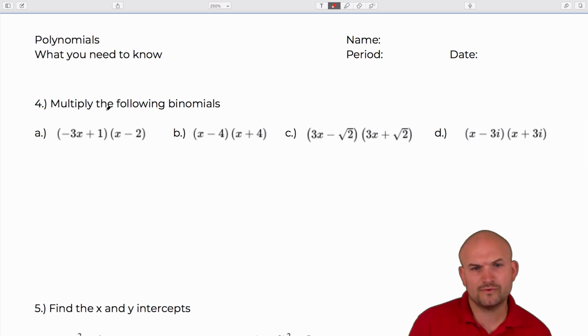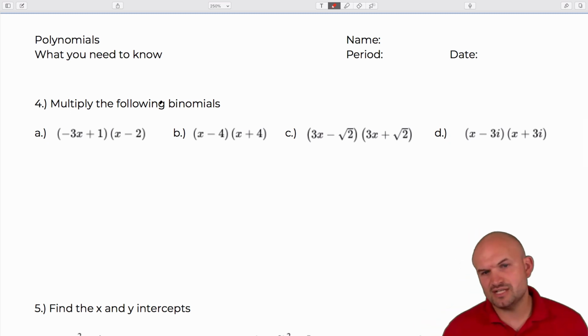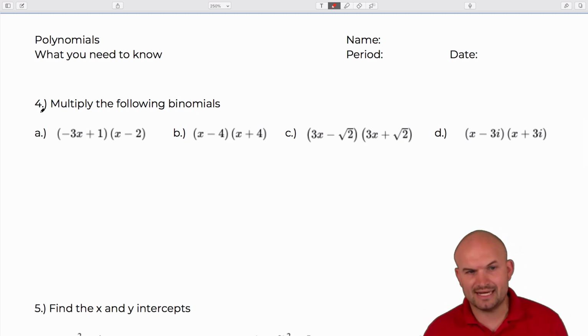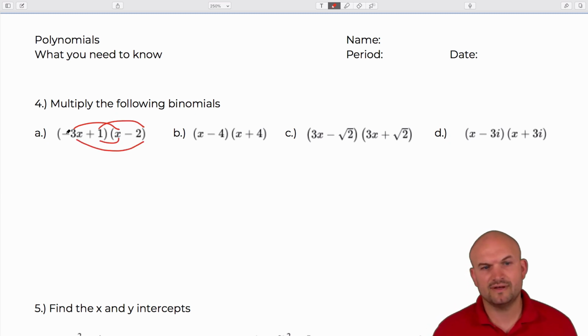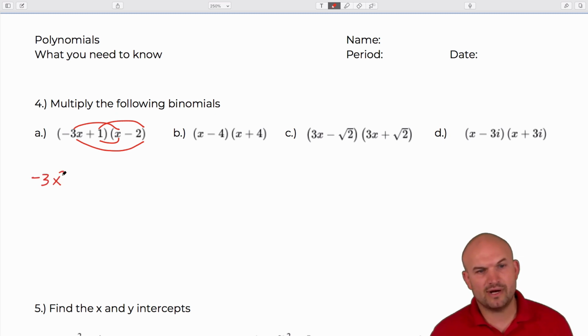So I'll work through those two, but there are also some things that we need to recognize here. In this case, you could think about just everything needs to be multiplied by itself. And so negative 3x times x is a negative 3x squared. Then we could do negative 3x times 2, which is going to be a positive 6x.